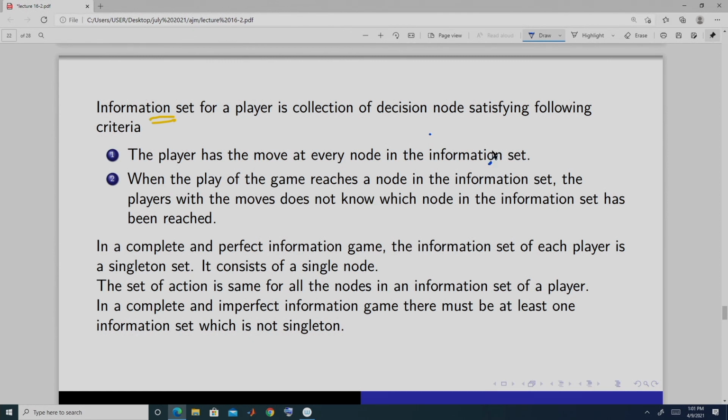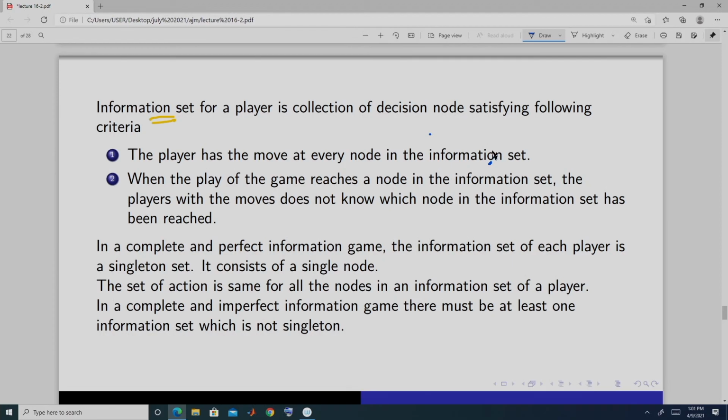So, since it is a collection of nodes, in each node which belongs to an information set, a specific player has to move or has to make a decision in each of these nodes. And if there are many nodes in an information set, the player, so information set is specific to a player.